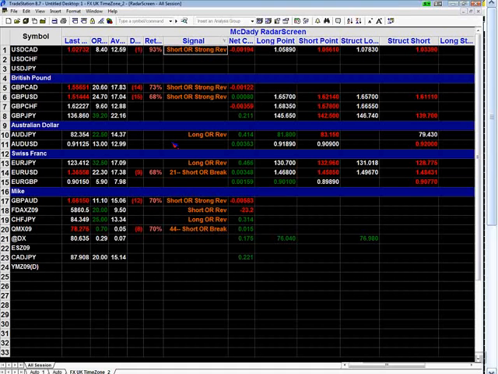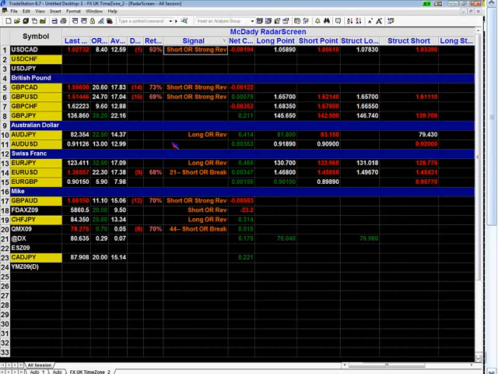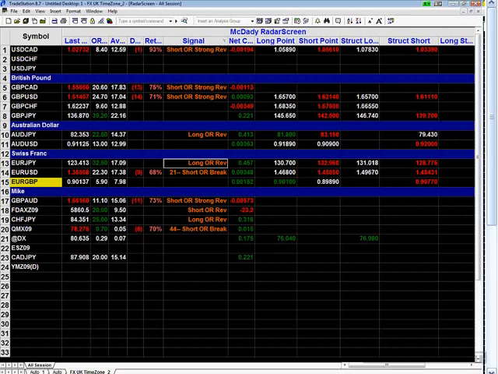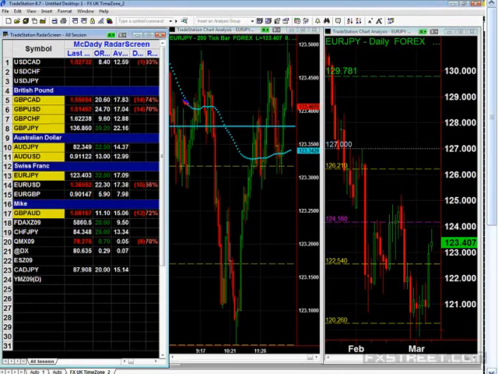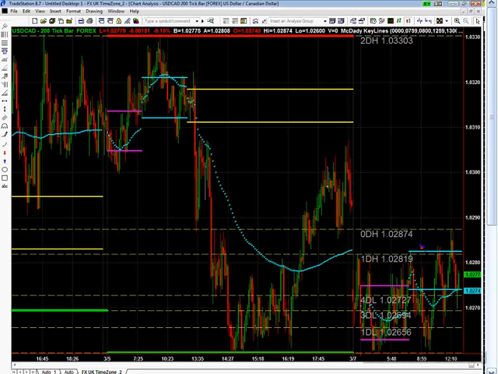I'm showing you now how we find the reversals, and then I'm going to put the charts. So I also see that the pound CAD had a reversal. The pound dollar also had a reversal. See here, this is the London session.